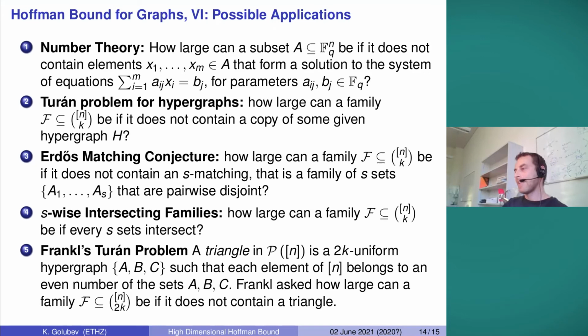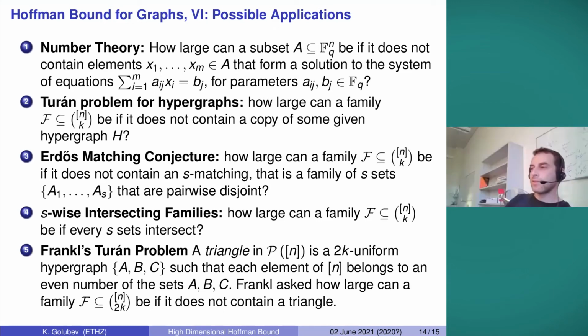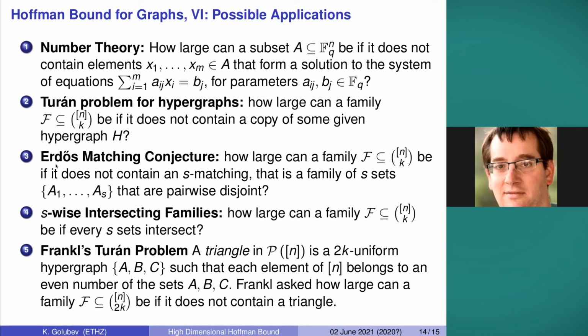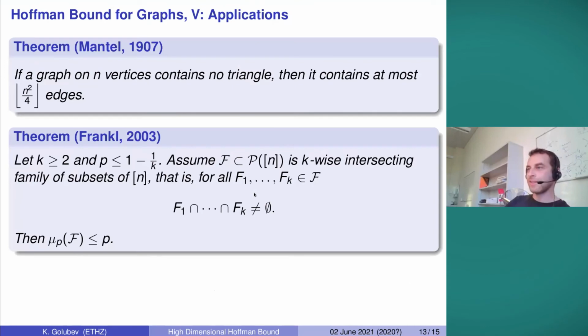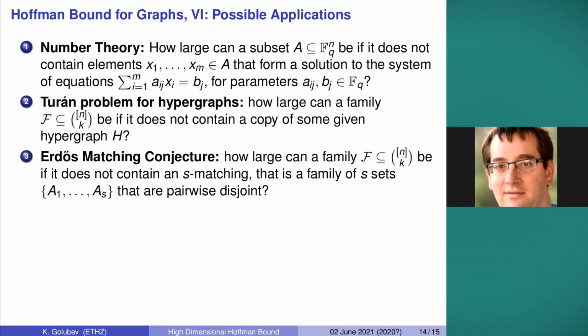For problem 4, the answer is known, and we also show it in the paper using our bound. The question is about S-wise T-intersecting families. Say it again. So for S-wise, 4? Yeah, because I think we have it here also, right? No, wait. This is the p-biased version, but I don't think it makes a huge difference.